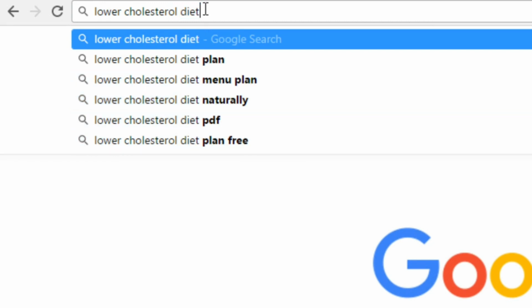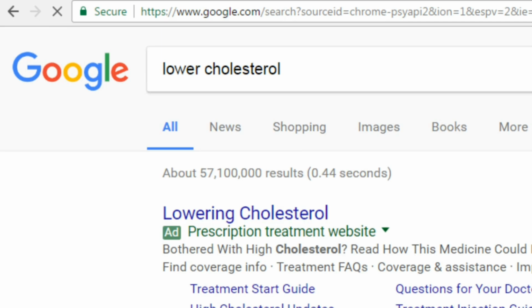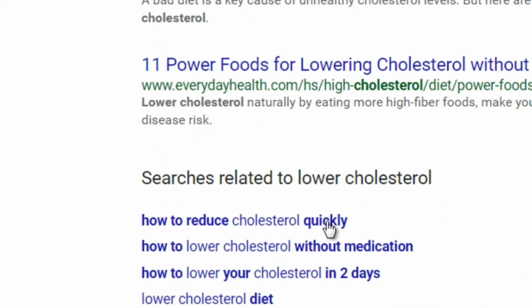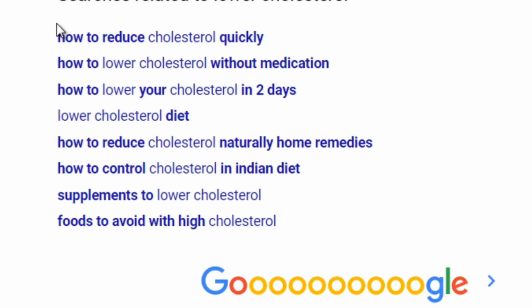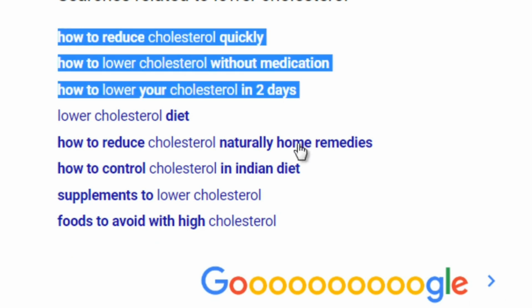Now, if I were to type in lower cholesterol, just flat out, and I scroll all the way down to the bottom, you will see a larger list of searches related to lower cholesterol.